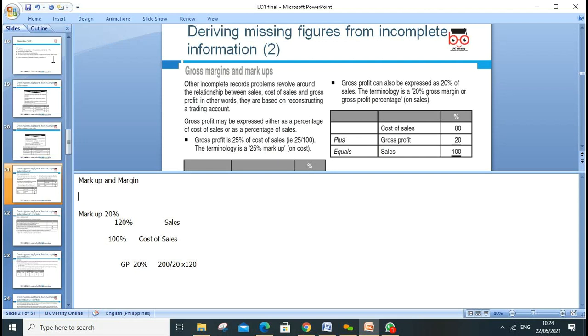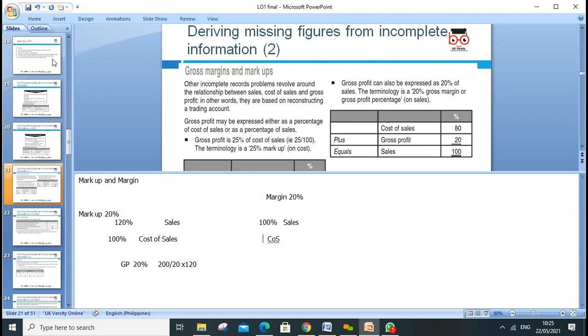So when the word margin is used, let's say margin is written as 20%. You set up the equation the same way: sales, cost of sales, and then gross profit. This time my sales will be 100%.